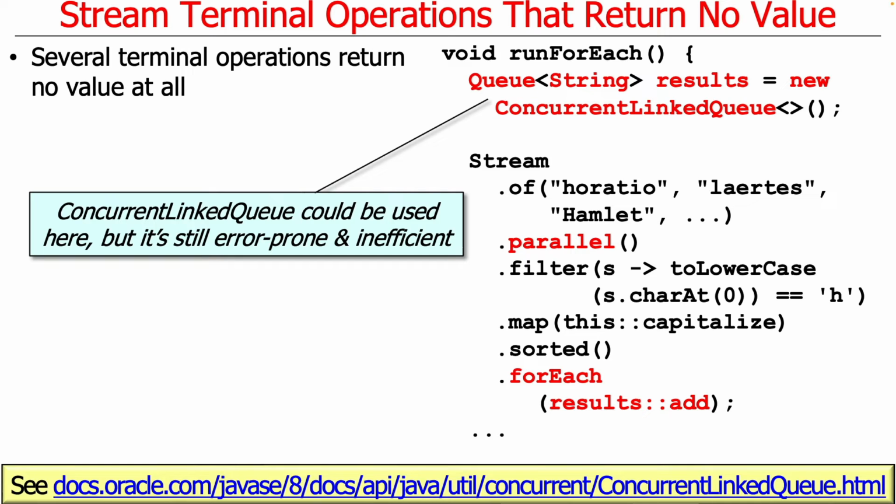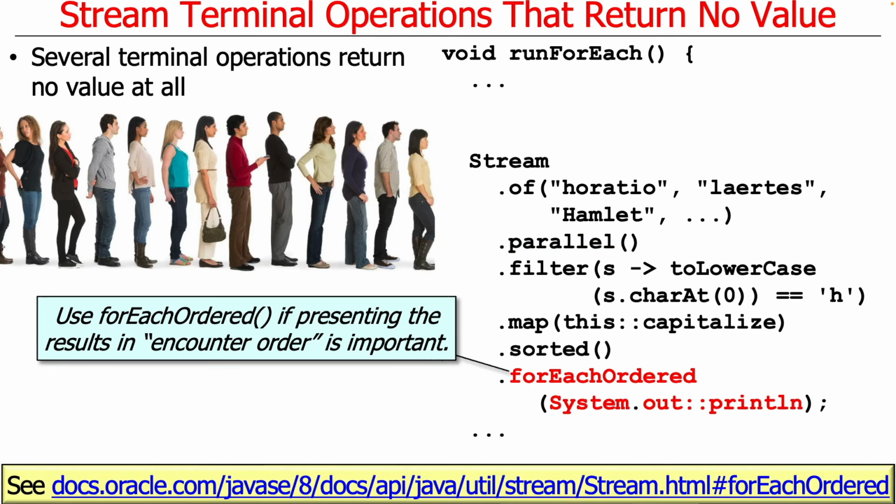But this is still a bad idea for the reasons we talked about before. It's error prone because you could forget to initialize this, number one. And number two, it's just not the most efficient way to do things. There are much, much better ways. Another problem with this is you're going to have a single point of contention, because all the threads in the stream are going to be trying to add things to that single results queue object. So just a bad idea.